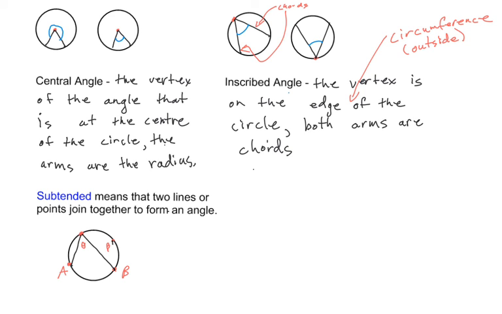Then we draw the lines. So now we have two inscribed angles, theta and beta.